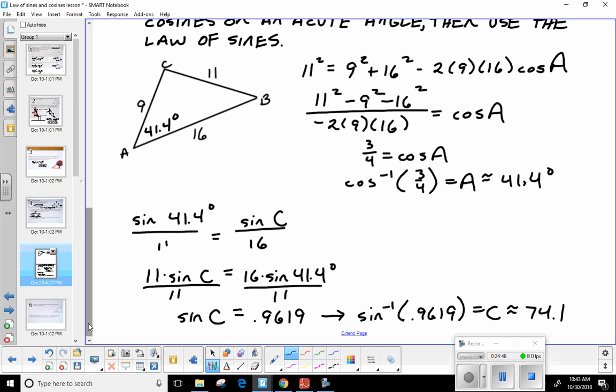Sine of 41.4 over 11 equals sine of C over 16. Now, what did we get for C? Wasn't it 105.8? Didn't he turn out to be obtuse? When you solve here, look what I got. 74.1. But that's not just a random number. Does anybody notice it?